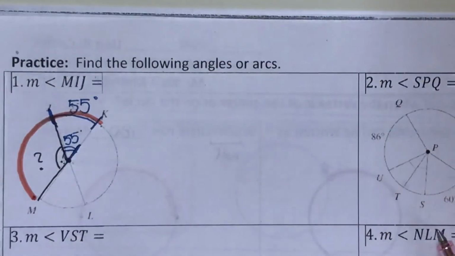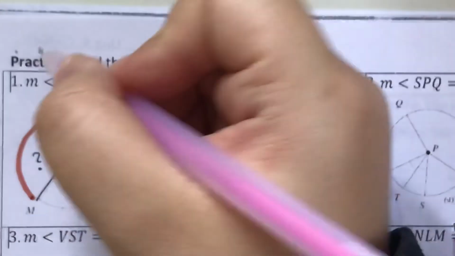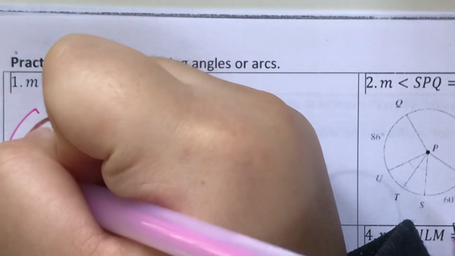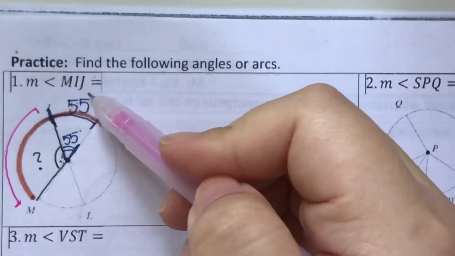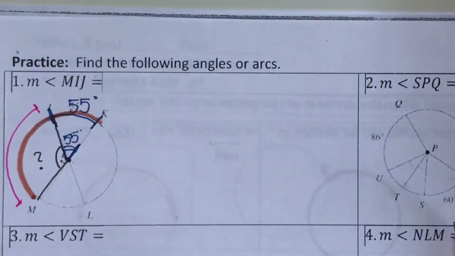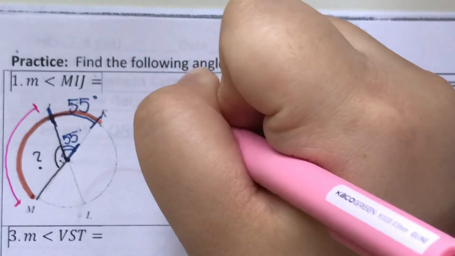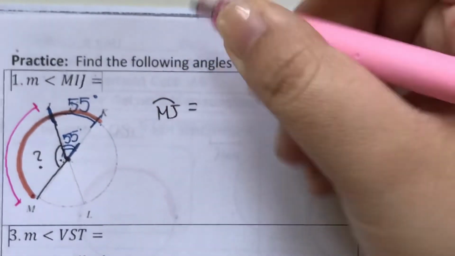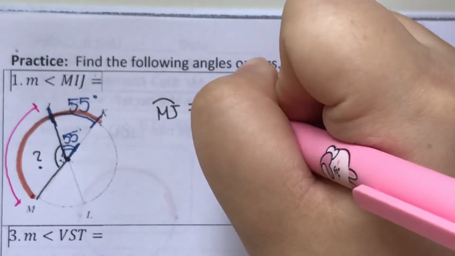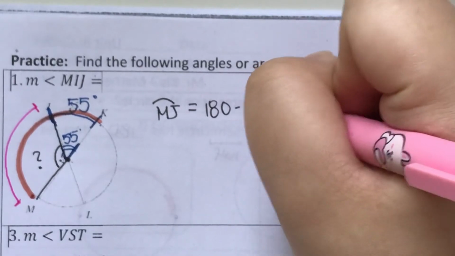So this arc right here, add the 55 degrees, it's going to get me 180. So arc MJ is equal to 180 minus 55.